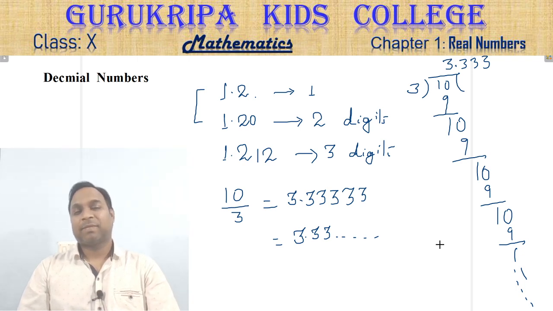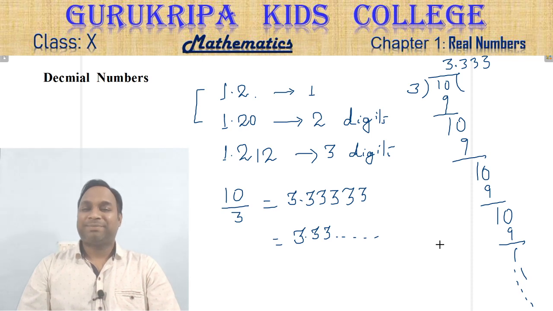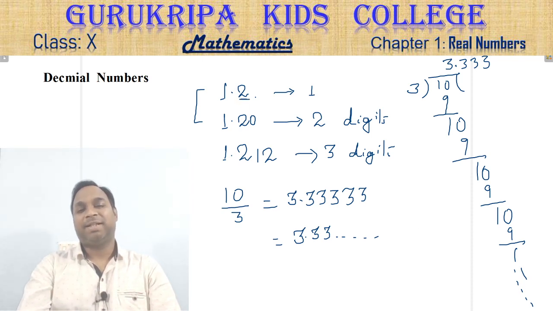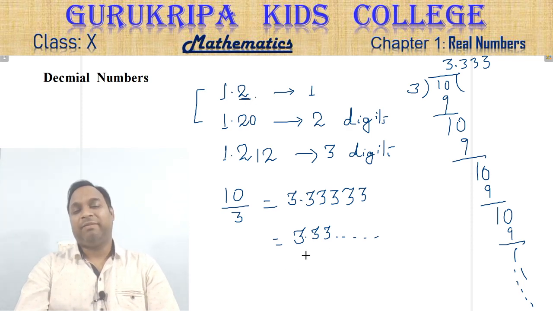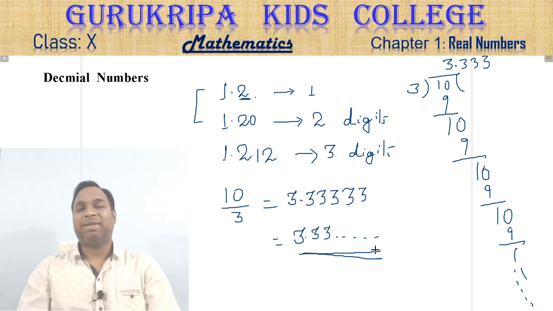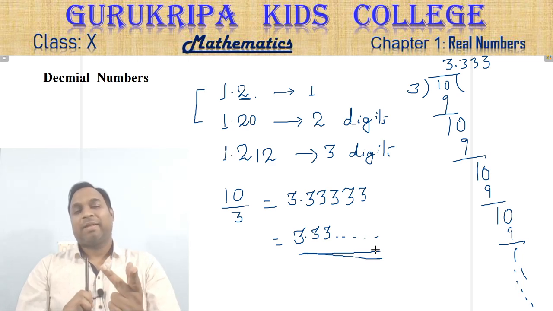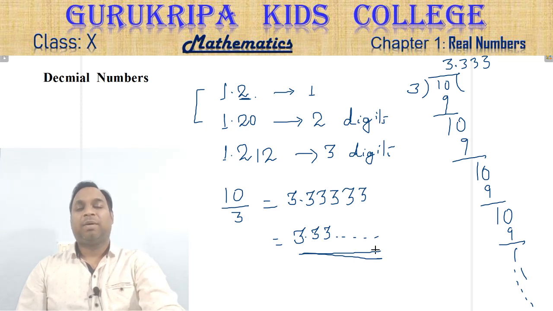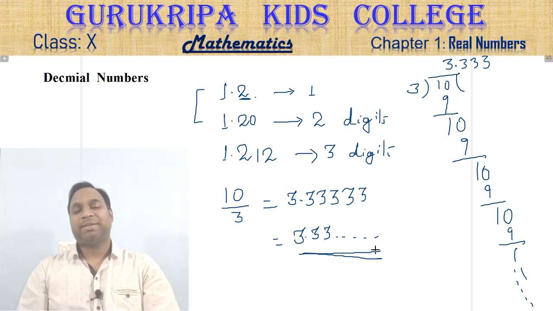Okay. So now there are decimal numbers of two types. One decimal number has a fixed number of digits after the decimal place. One has infinite number of digits after the decimal place. Two types of decimal numbers. Both types of numbers can be there, isn't it? Now you can come up with your own examples.